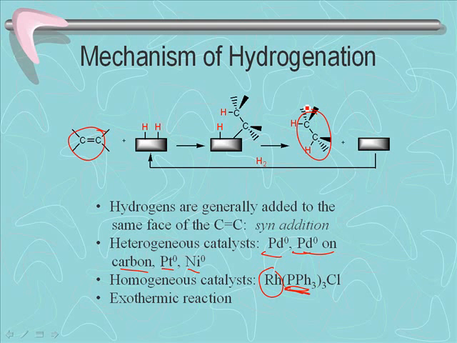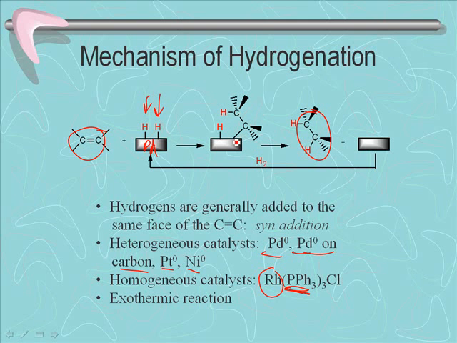leading to conversion of our alkene to an alkane. When hydrogen interacts with the catalyst, and let's view this catalyst here as being palladium, the hydrogen-hydrogen bond breaks, giving rise to a pair of surface-bound hydrogen atoms. Those surface-bound hydrogen atoms can interact with our alkene molecule and attach one of the hydrogens to one end of the carbon-carbon double bond.